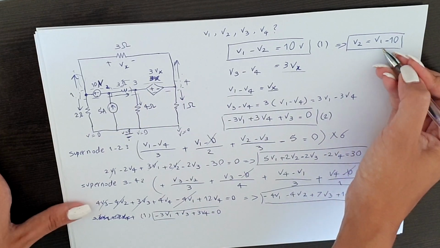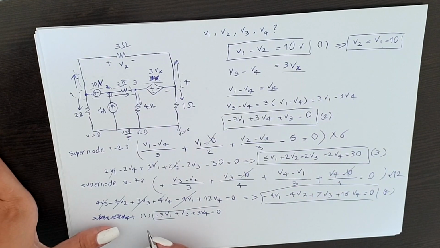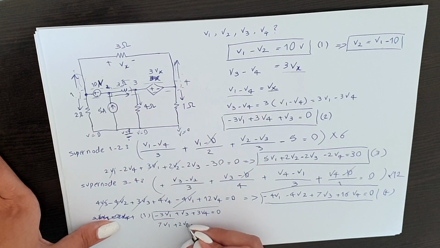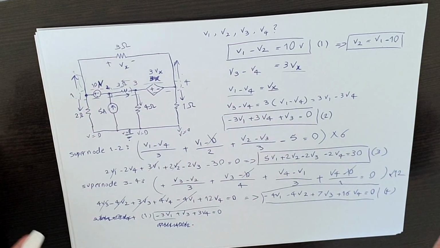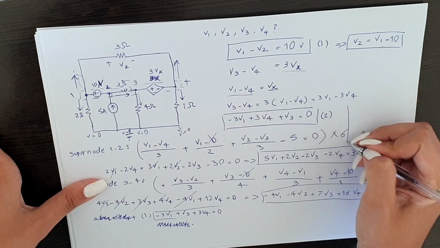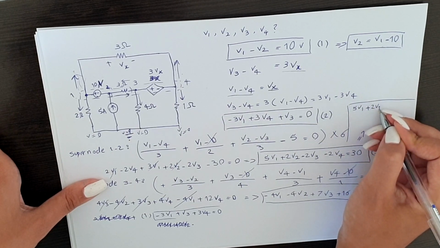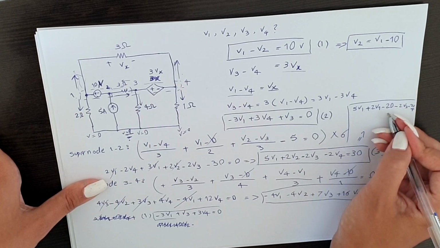Here I'm going to put v1 minus 10 instead of v2, which will give us 5v1 plus 2v1 minus 20 minus 2v3 minus 2v4 is equal to 30.